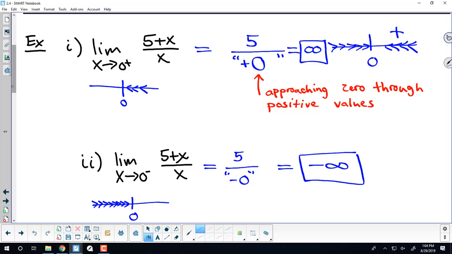Anytime the numerator is fixed but the denominator is approaching 0, the result will be infinity or negative infinity. Is everyone clear on that? Then we ask whether we're approaching 0 through negative values or positive values, because that determines the sign of the infinity. That's what we did here. Did anyone have any questions on the (5 + x)/x example?